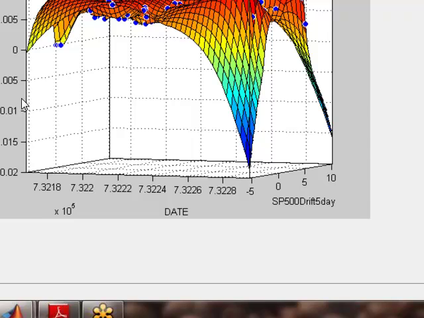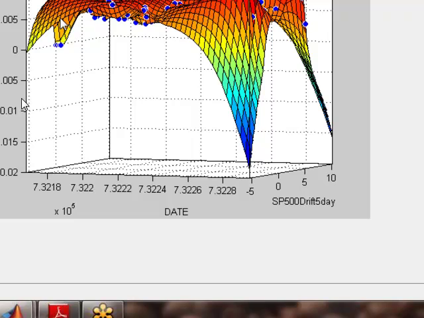So what I'm going to do is play the set of data of the S&P 500 from 2004 to 2014.